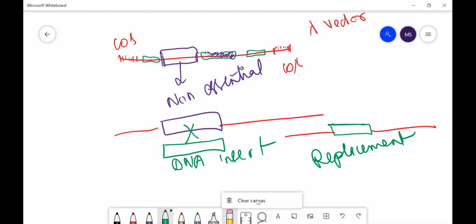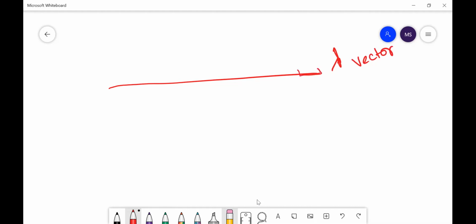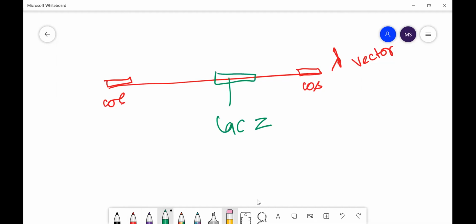Then there is another vector which is known as an insertion vector. In the insertion vector, what happened? Suppose this is the lambda vector. It has a cos site at both the ends. Then suppose it has one selectable marker here. It may be lacZ or any selectable marker.